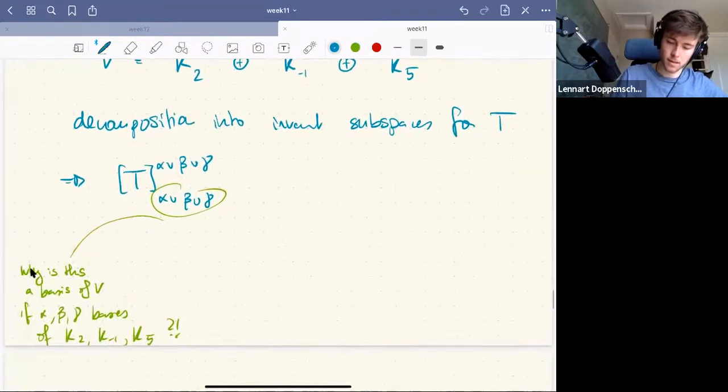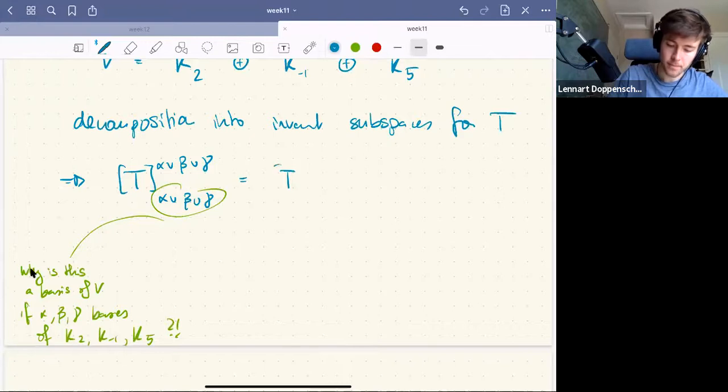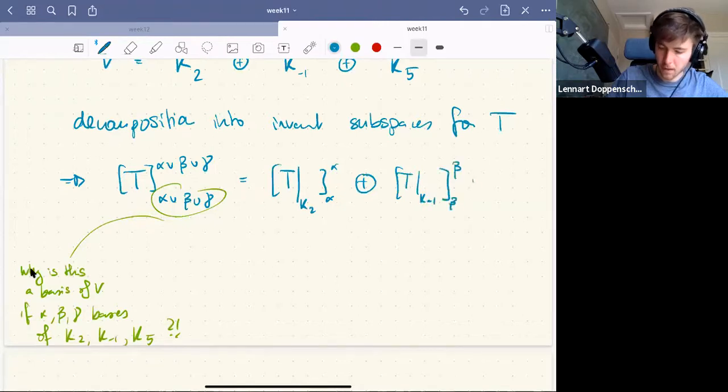Anyways, in this basis, we know that the matrix of T is just the direct sum of matrices. So we just have these different blocks together in a bigger matrix: the matrix of T restricted to the first generalized eigenspace, the alpha basis, the second generalized eigenspace, and the last one.